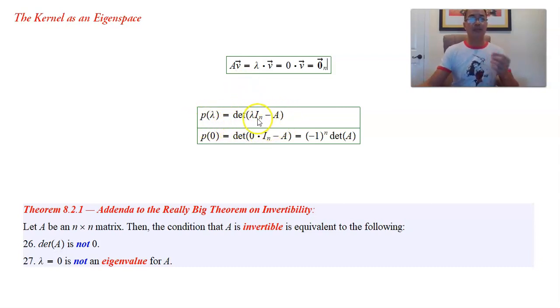Let's think some more about how this relates to the characteristic polynomial, p of lambda. We defined it to be the determinant of lambda times the identity minus A. What happens if you plug in 0? Then you get 0 times identity, the 0 matrix, minus A. So that just becomes minus A. But remember, if you multiply a matrix by a scalar k, remember that theorem?